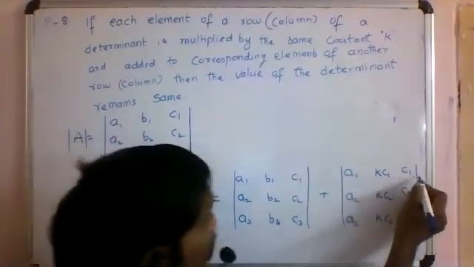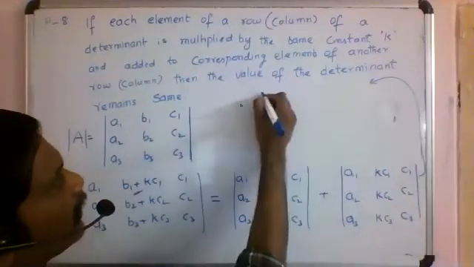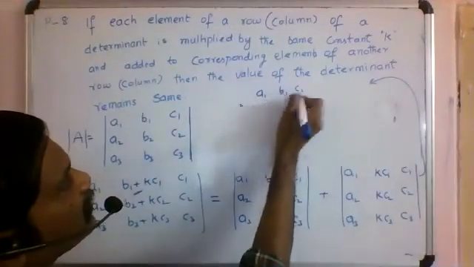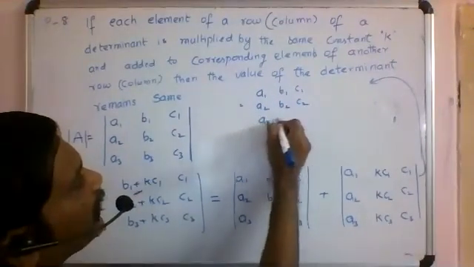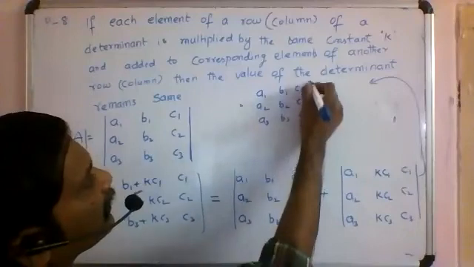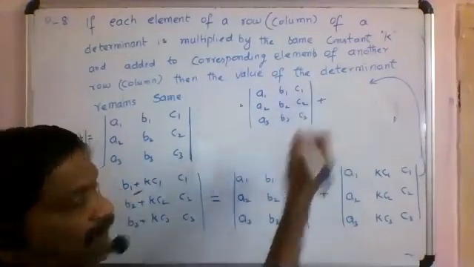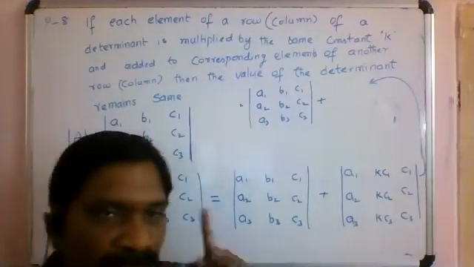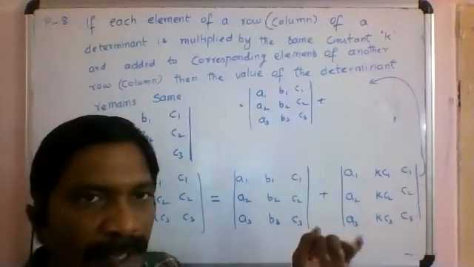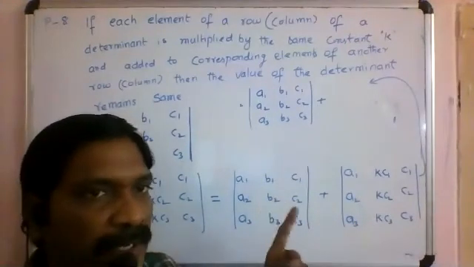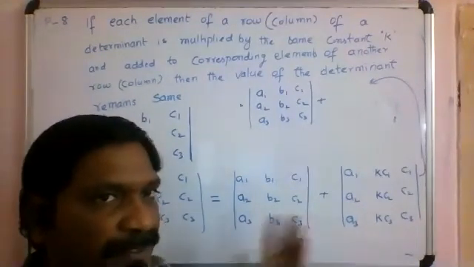Further, I can write this as: the first determinant A1, B1, C1, A2, B2, C2, A3, B3, C3 as it is, plus, we have one more property. If any row or column has a scalar, a real constant, common to all its elements, that can be kept outside.